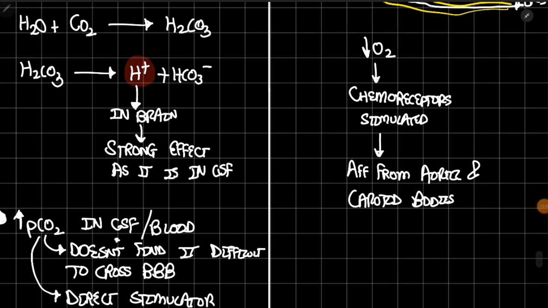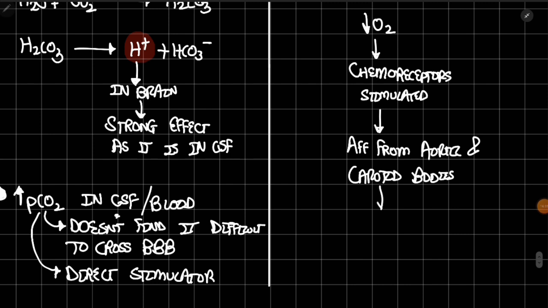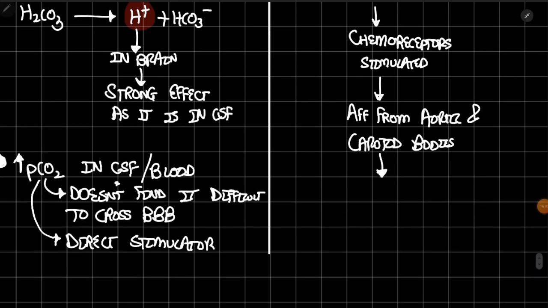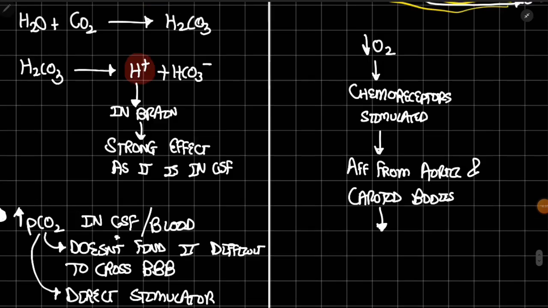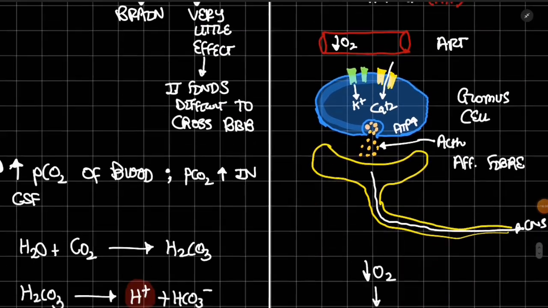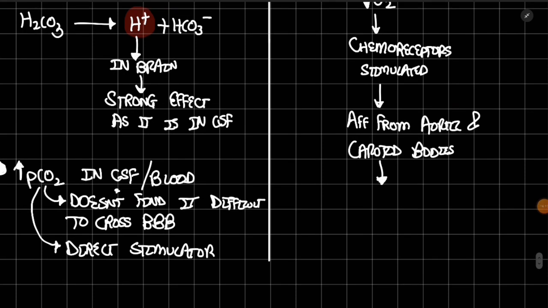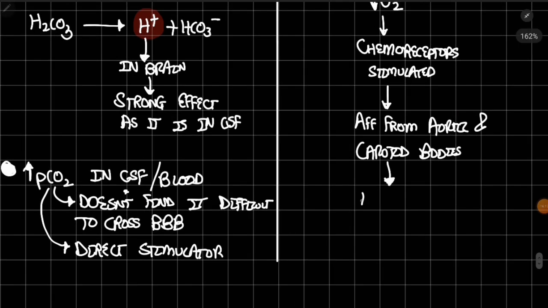I'm not writing the name of the afferent. You very well know aortic has vagus and carotid has Hering. So we have written here carotid has Hering and aortic has vagus. So afferent from aortic and carotid to brain.